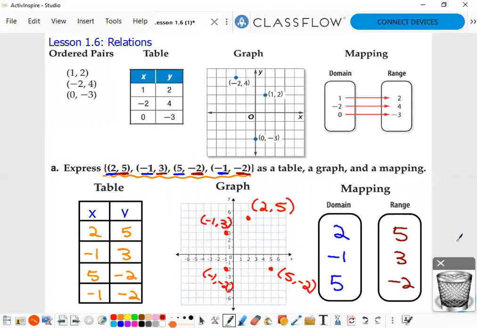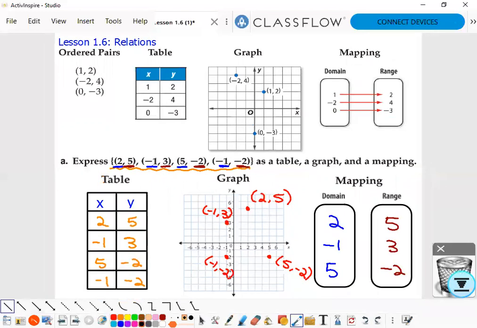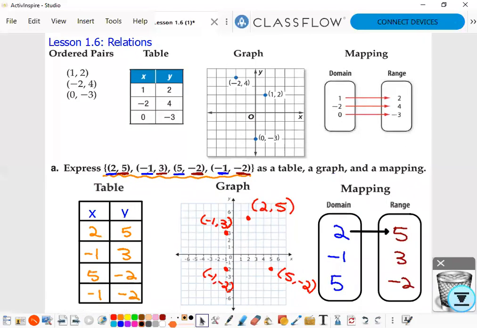All right, so I got those all filled in, but if you look at the other mappings we took a look at, I need some other stuff on here, and that would be my arrows. So where should I have arrows? Well, the first point was 2, 5, so I need an arrow going from 2 over to 5. Got some yellow boxes staying up there for me. Oh, there it goes, okay.